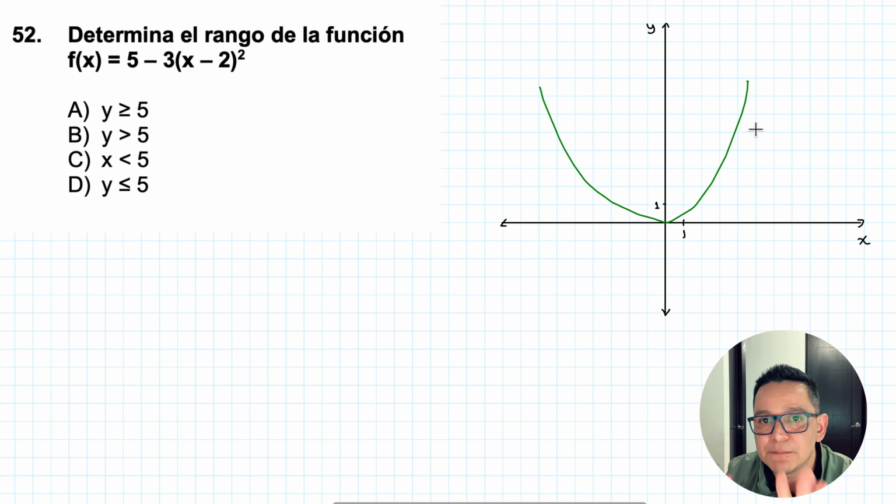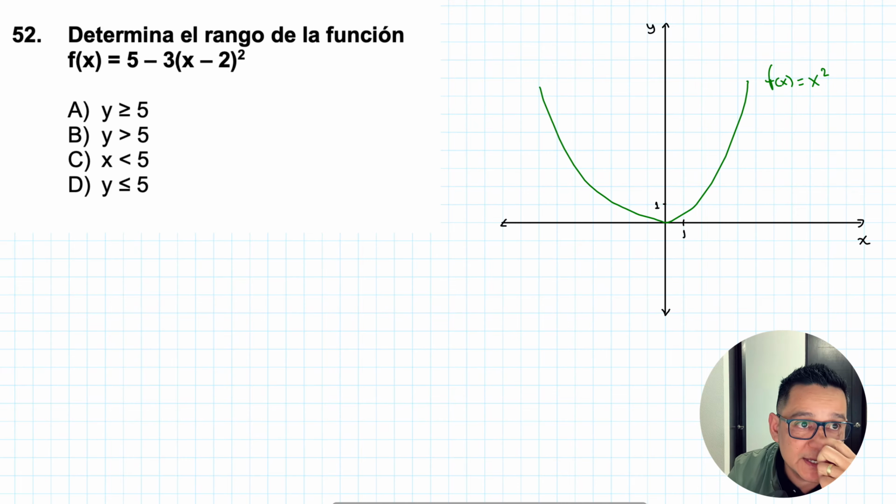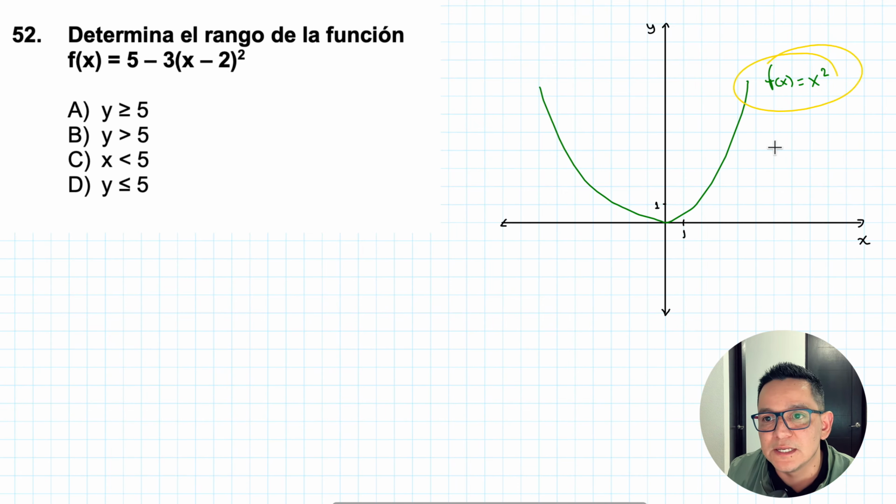What I want is for you to simply realize that I am representing the function f of x equals x squared for now, like this. Okay, now what I want is for us to make some modifications to this function. For example, what would happen if instead of having f of x equals x squared, we had f of x equals negative x squared?